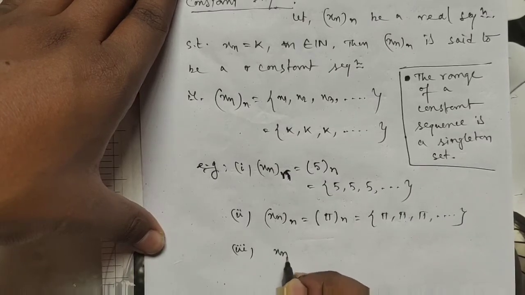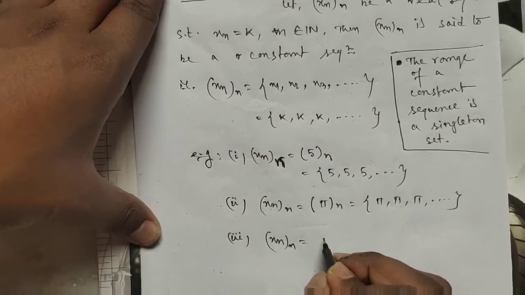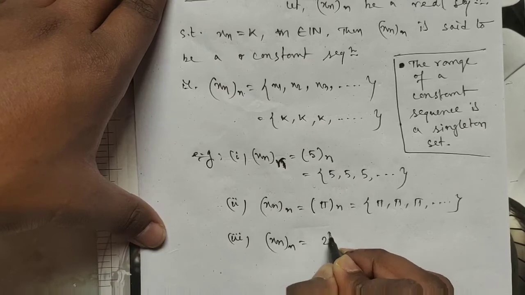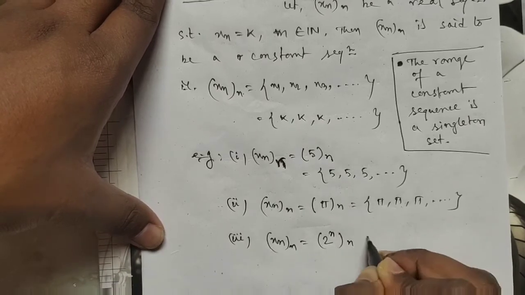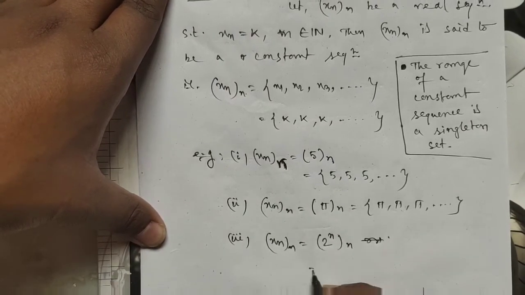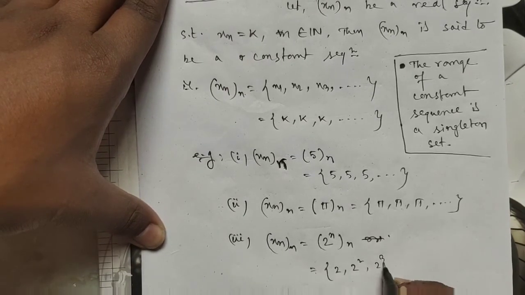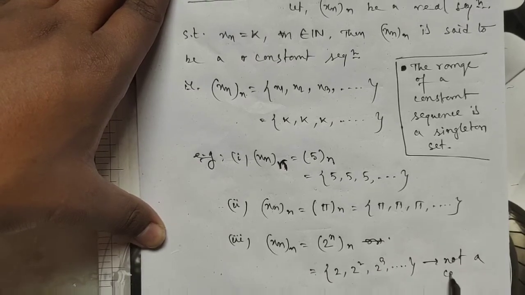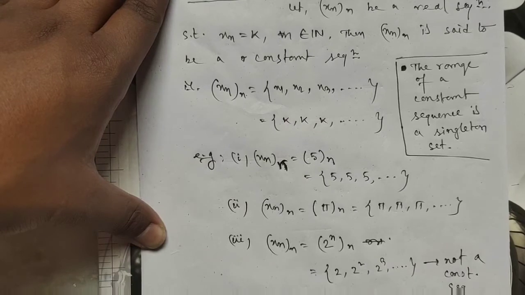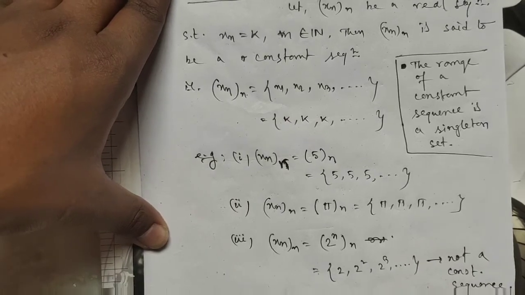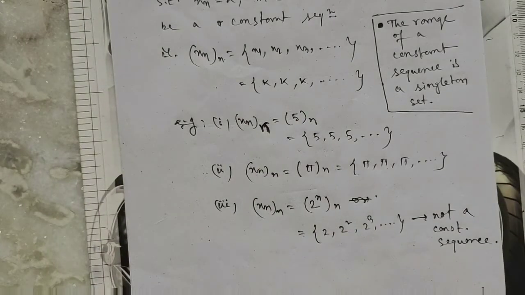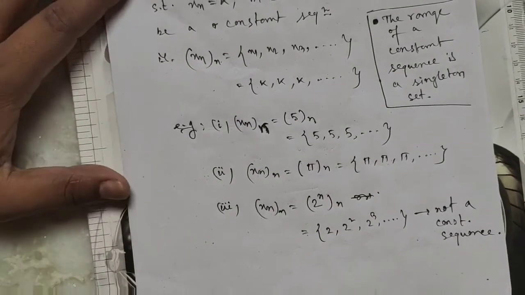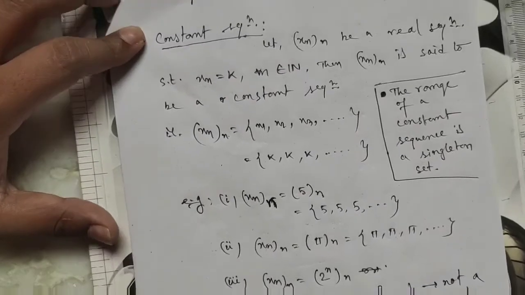Number 3, xn equal to 2 to the power n, that is 2, 2 square, 2 cube, this is not a constant sequence. So these are some examples of constant sequences.